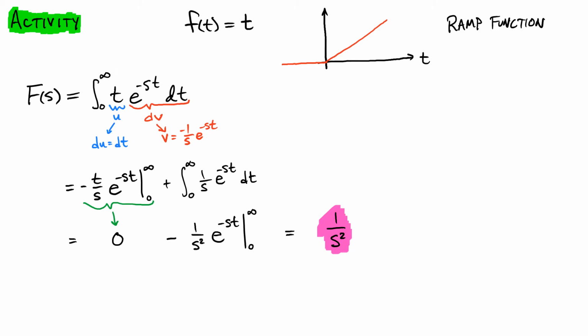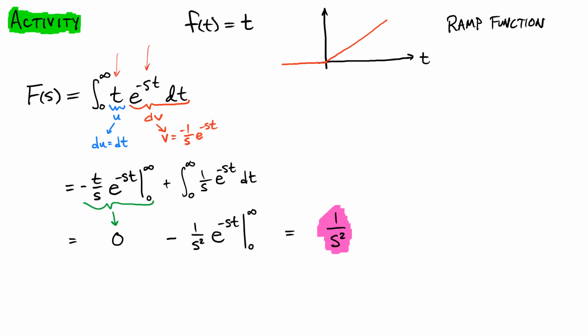So as I mentioned, you're going to need to set this up and solve it using integration by parts. And the reason for that is because the integrand, the function you want to take the Laplace transform of in the definition of the Laplace transform, produces an integrand that you don't have a basic integral for. And so the easiest way to solve this is to use integration by parts.